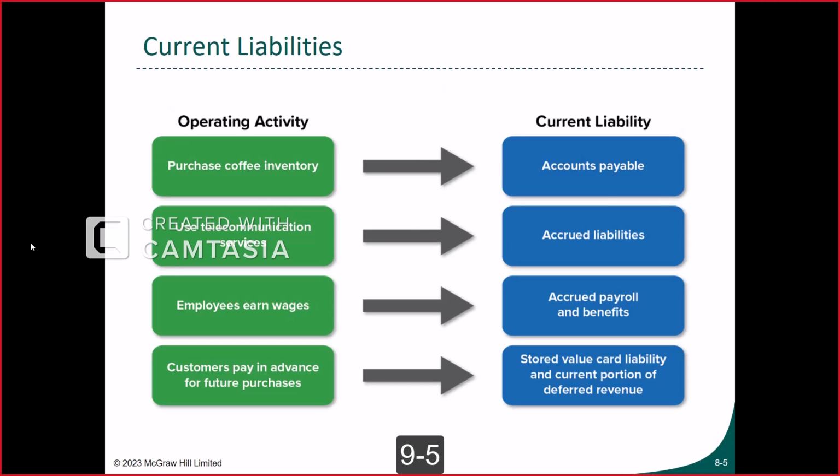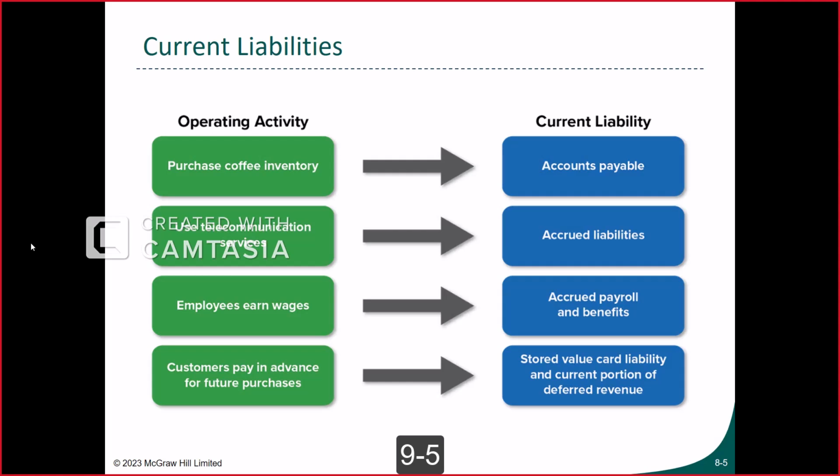So let's get back to the accruals, the current liabilities, the regular ones. They include accounts payable that result from purchases. They include accrued liabilities that result from the use of telecommunication service, as an example, or of course accrued payroll and benefits. Another example is a stored value card, for Nespresso for example, where you can pay in advance.